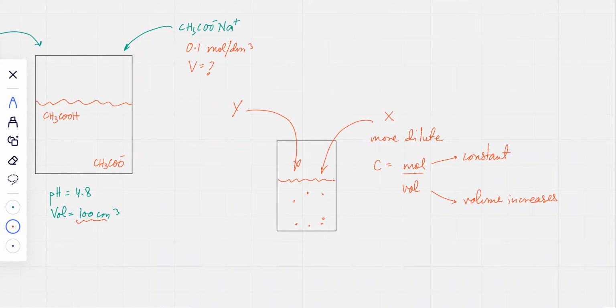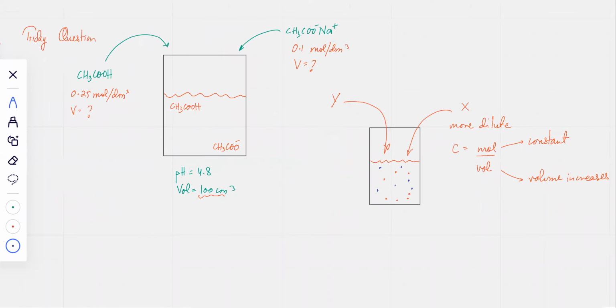There might be particles of Y in the solution, but if you just look at the number of moles of X, they're the same, but they occupy a much larger volume, so they're going to be more dilute.